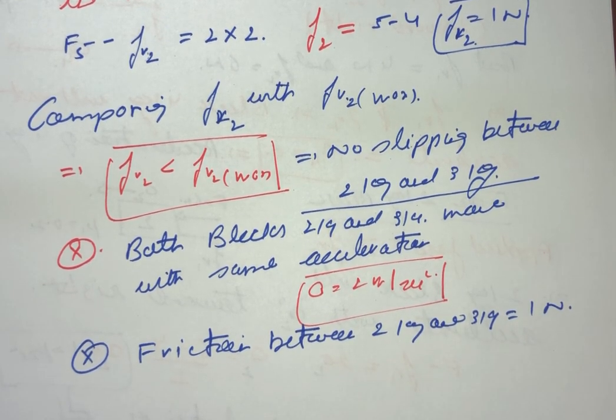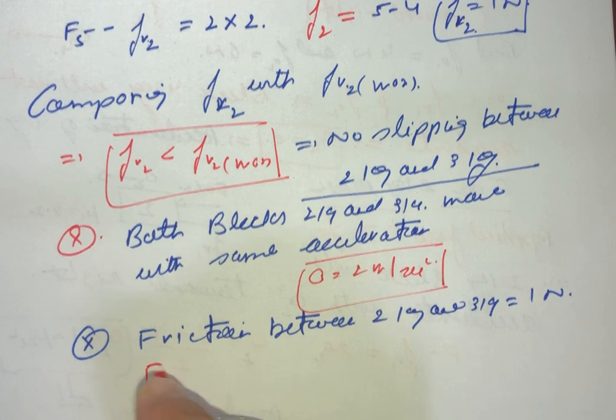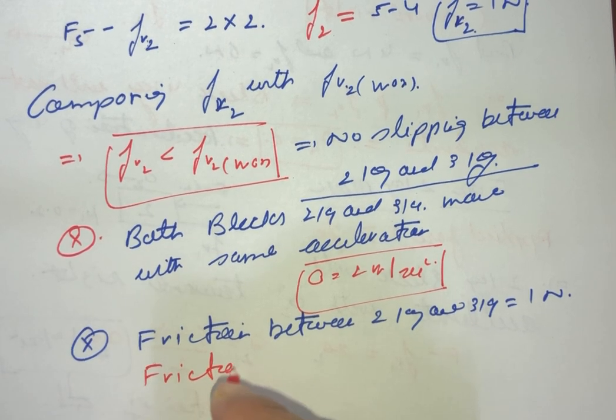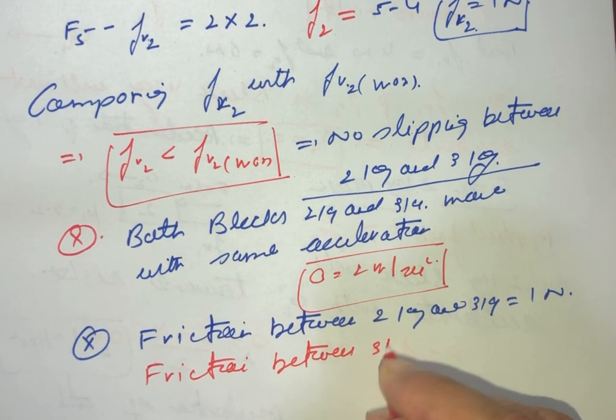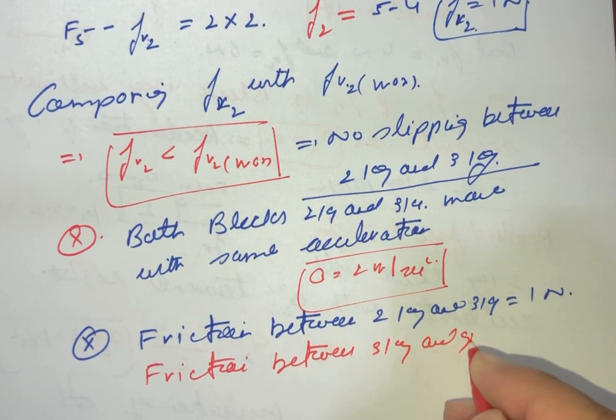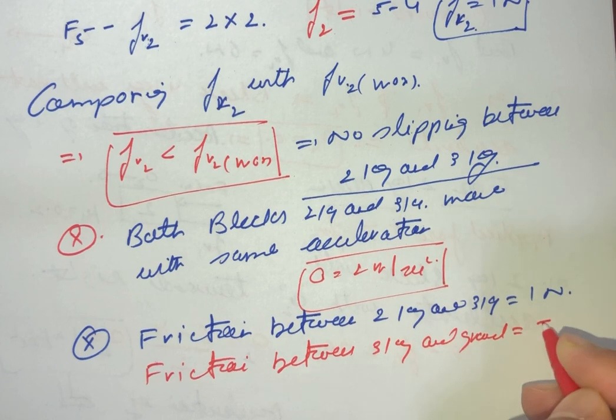And next is 3 kg and ground, the friction between 3 kg and ground will be 5 Newton.